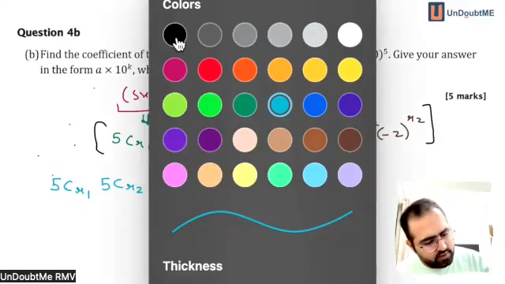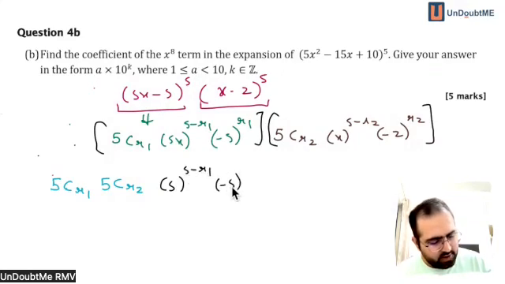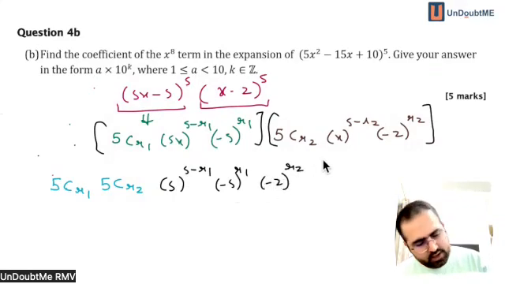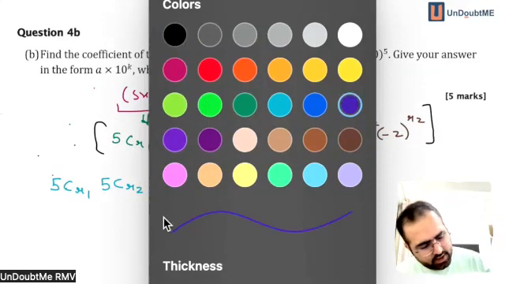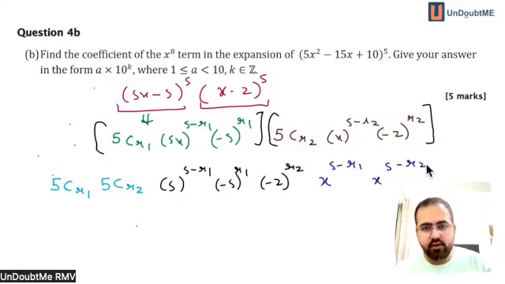All of you please focus here for a while. 5 to the power 5 minus r1, minus 5 to the power r1, then I have minus 2 to the power r2. Finally, I'll be writing the x terms. So x to the power 5 minus r1 and x to the power 5 minus r2.